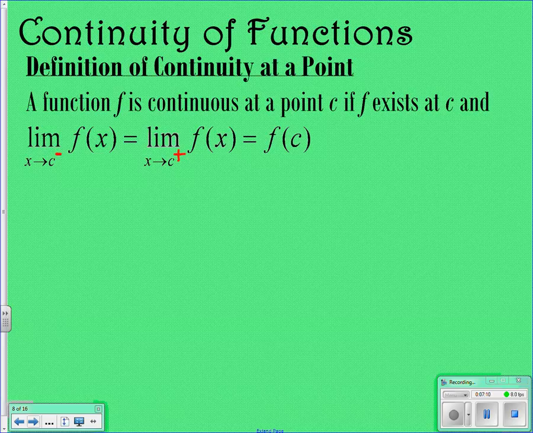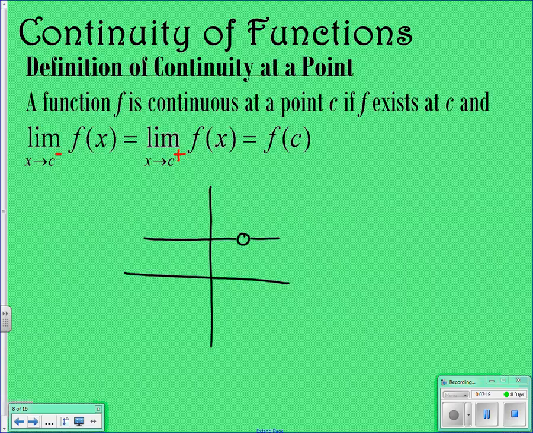So let's draw a picture here. If I have something like this, the left and the right hand limits are the same because it's approaching a hole. However, the function value is actually whatever that point is.